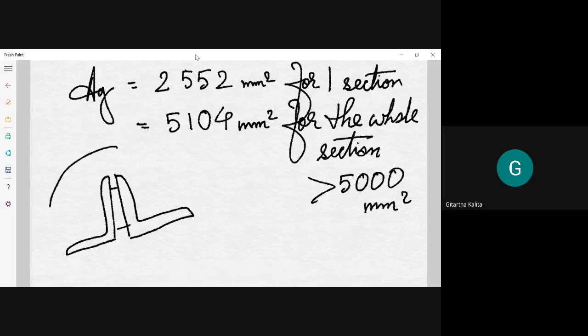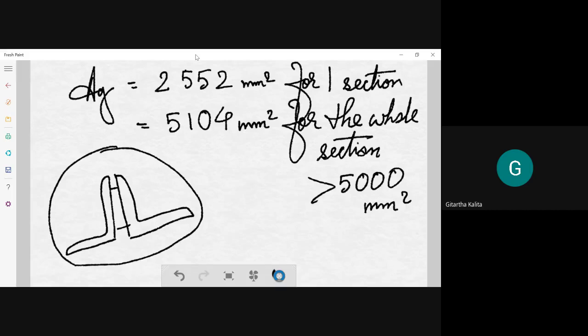For this as a whole, we also have some tables. So for that, you can see your steel table. You can see properties of two angles back to back.